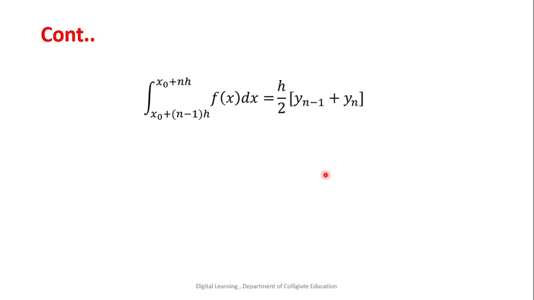Apply the same process up to n terms. We get integral from x0 plus n minus 1 times h to x0 plus nh of f of x dx is equal to h by 2 times y n minus 1 plus yn.